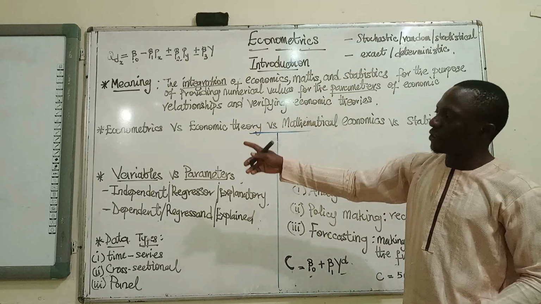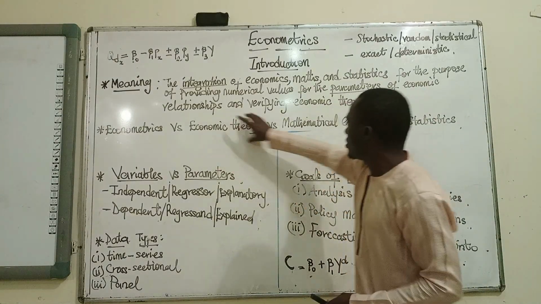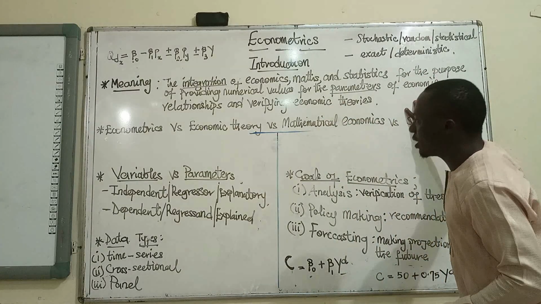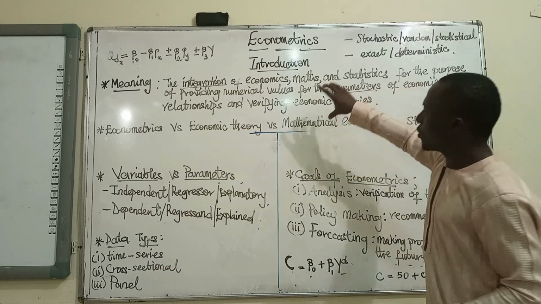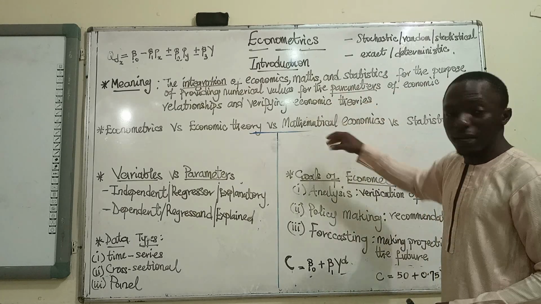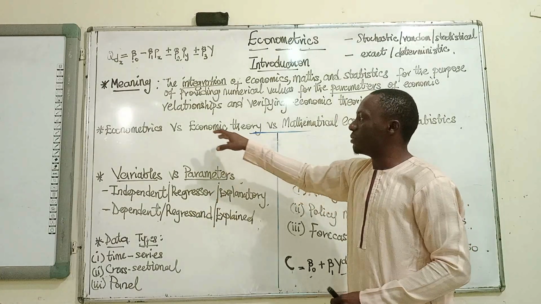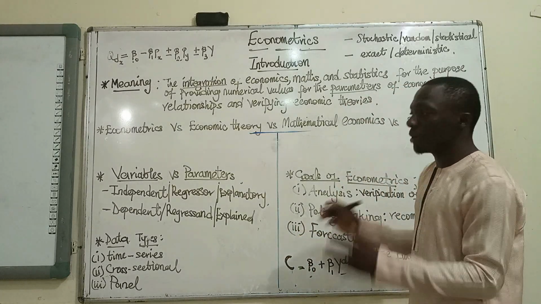Now, econometrics itself focuses on combining economic theory with mathematical economics and statistics. So we use the data we get and some statistical principles, and we formulate our model in a mathematical form given the knowledge of economic theory that we have. So that's basically what econometrics is about.